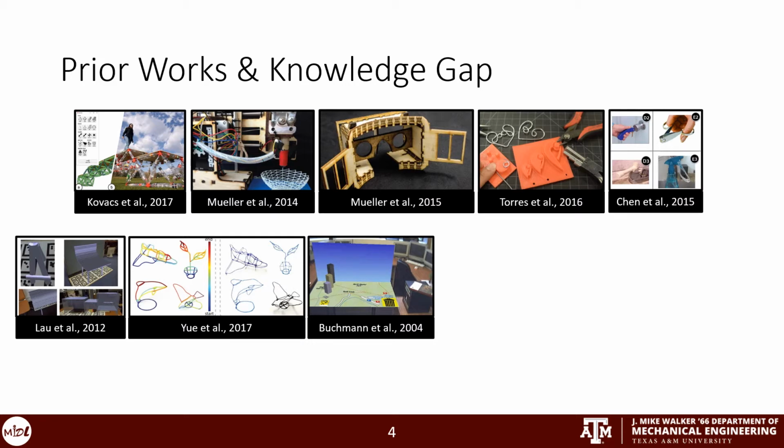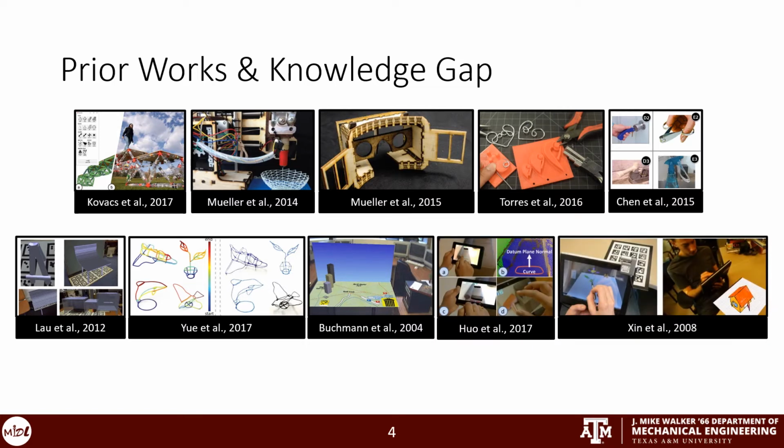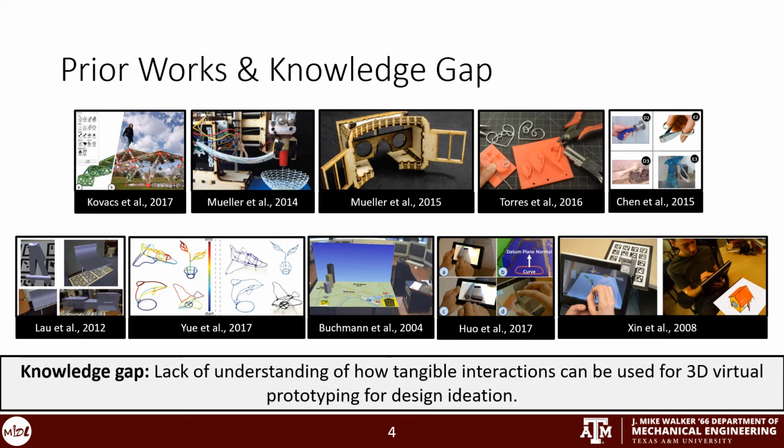They either use gestures or handheld controllers, but there's no tangibility integrated into the virtual environment. Then we have a third type, which is tablet-based, where we see some tangibility because of the tablet, but the interactions are not spatial and are limited to a 2D space because of the tablet.